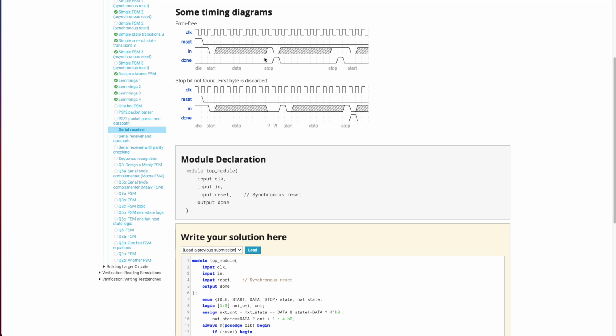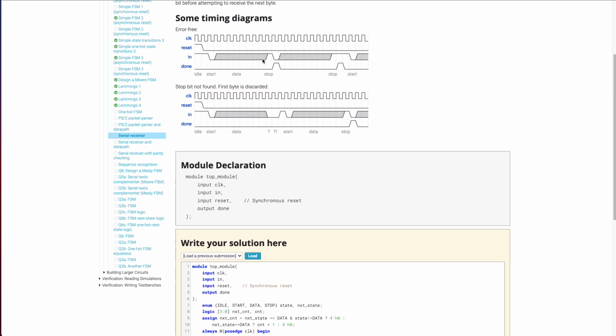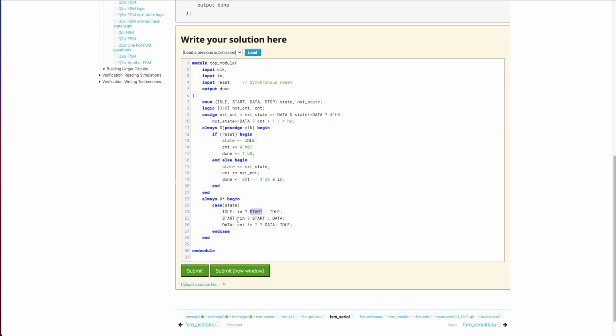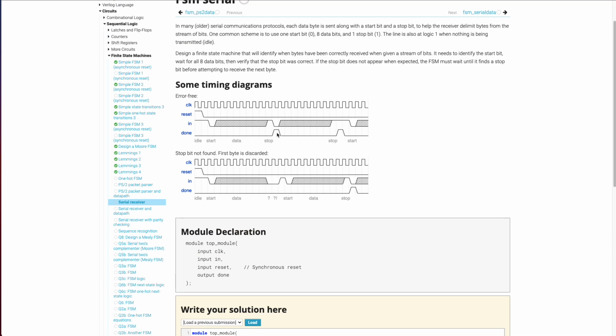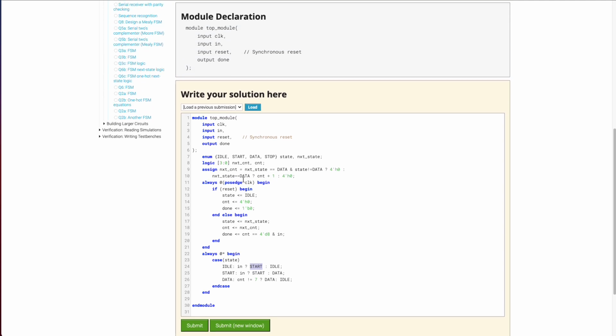Because I kind of want, I guess here, if it's 7, I want to go back to idle. Because if it's 7 and I go back to idle, idle will meet this in to go to start, and then it'll meet the 0 and go to data. But the issue is, when I do this, then when count is 7, next state is not data.